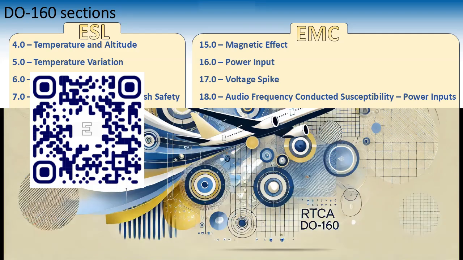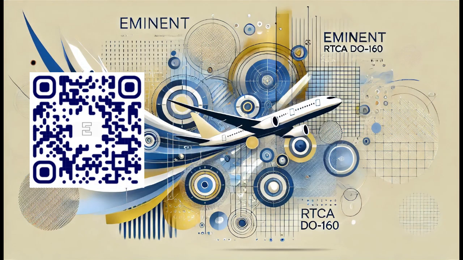Electric propulsion and energy systems: with the rise of electric propulsion and energy storage systems, DO-160's power input and ESD standards play a crucial role in ensuring safe and efficient operation of these high-tech systems under variable environmental conditions. Maintenance and repair operations, MROs: MRO facilities rely on DO-160 standards when testing replacement parts or refurbished equipment to ensure that they meet safety and performance criteria before reinstallation.